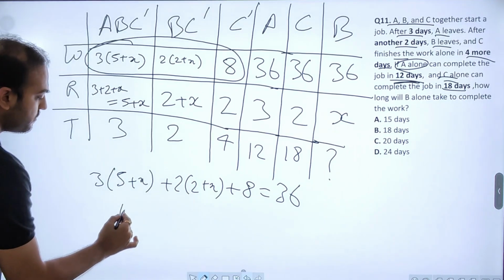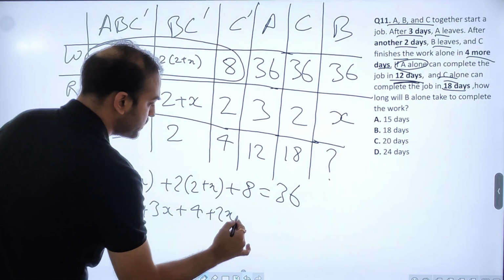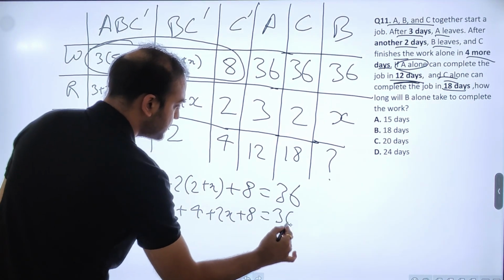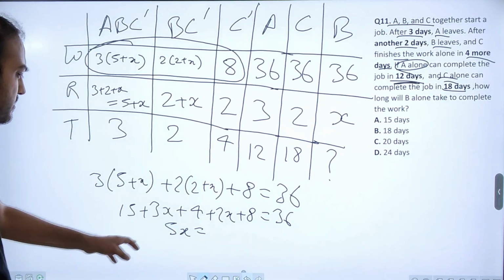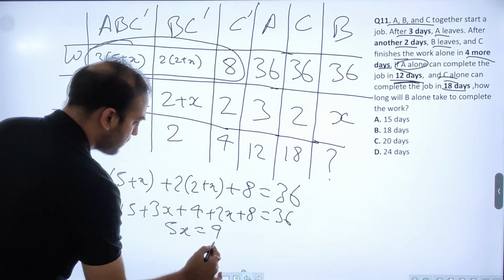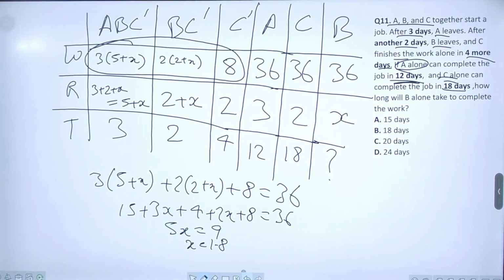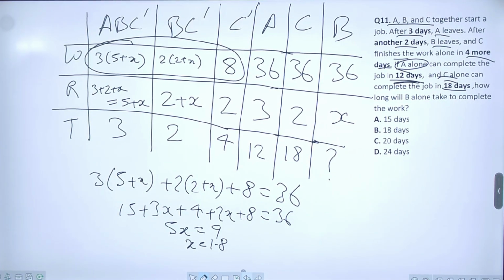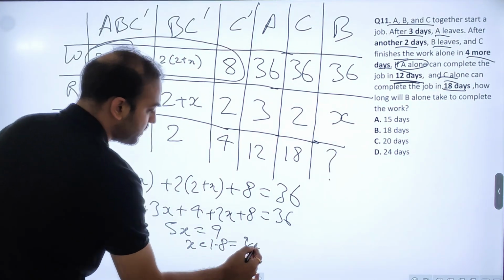Right, if we just solve, 15 plus 3x plus 4 plus 2x plus 8 is 36. 5x is 9, x is 1.8, or simply 9 by 5.